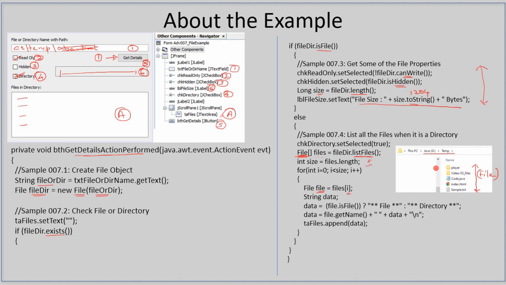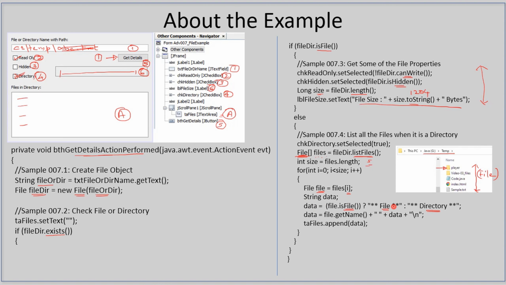For example, for the very first time, we will get player. Player is a directory. Then here in the data, we once again check isFile, and if it returns true, we form file, otherwise we say directory in the data.